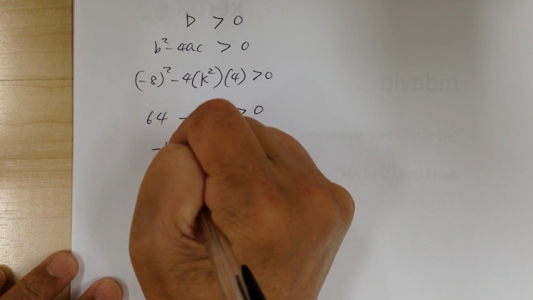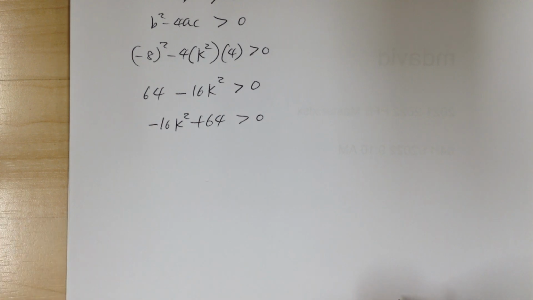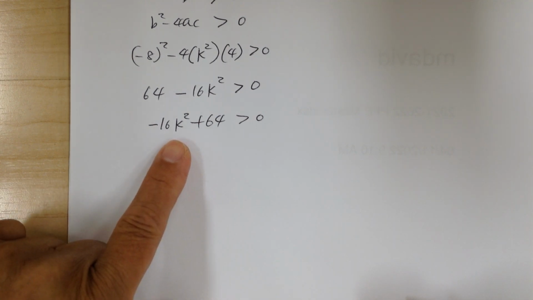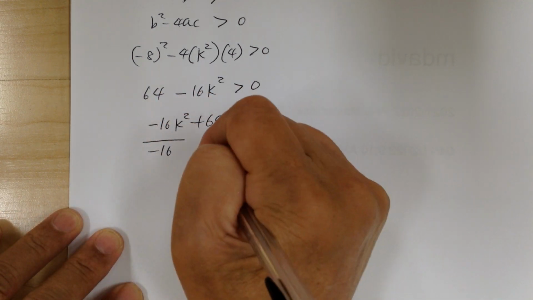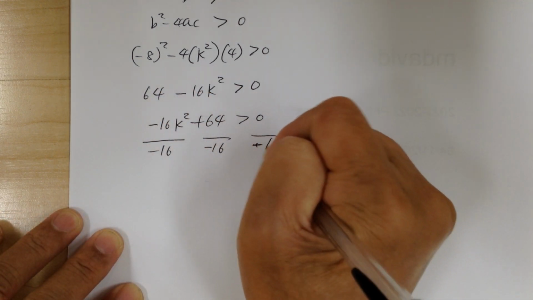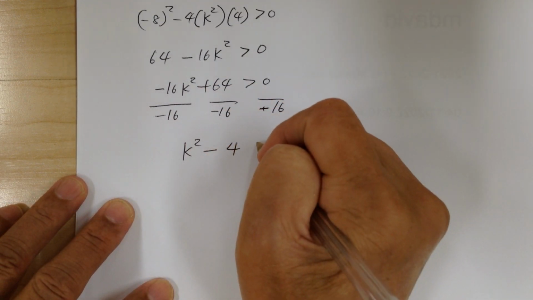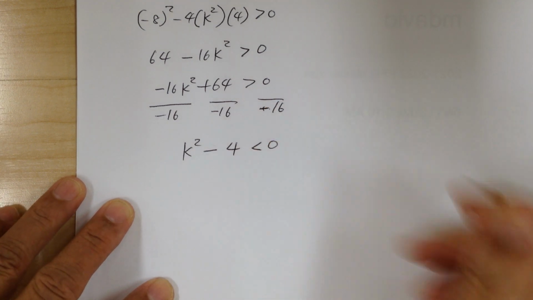So you got negative 16k squared plus 64 is greater than 0. Now, I don't like the negative in front, and also the number is kind of high, so I'm going to lower my number. So I'm going to divide by negative 16. So I got k squared minus 4. Now, when you divide by a negative number, you have to change direction.